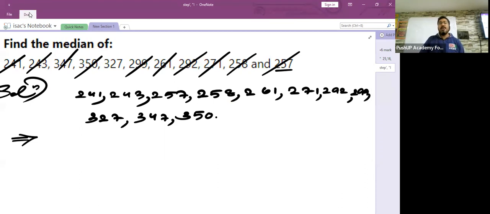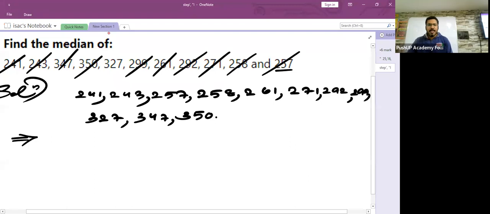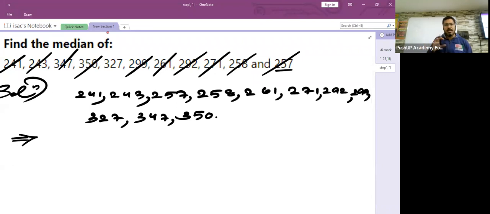Now, I want you all to count the number of terms in the observation. Next, we are going to find the median value. For that, we need to check whether the number of terms is even or odd. We know what to do when the number of terms is odd, but till now I haven't taught you what to do if it is even.